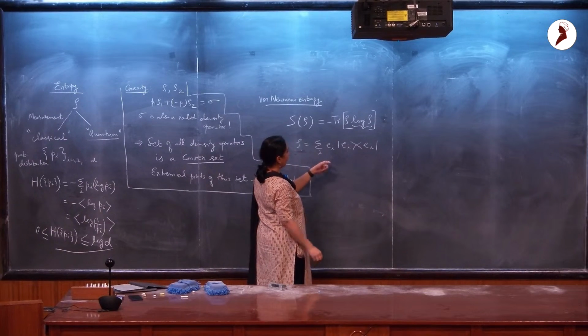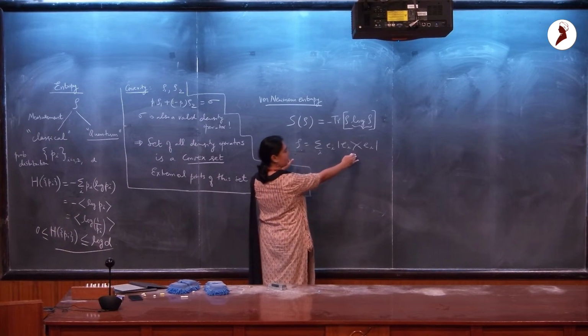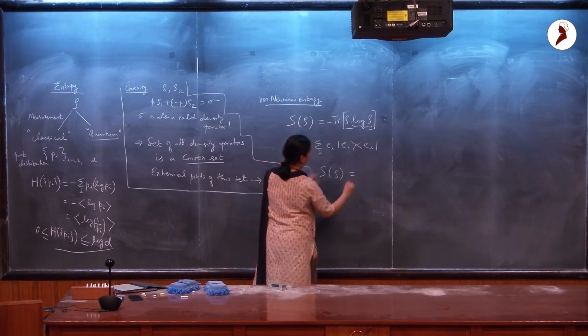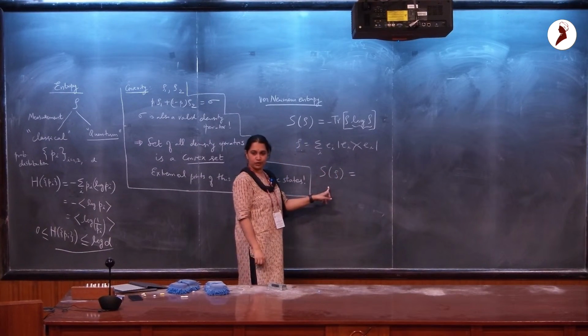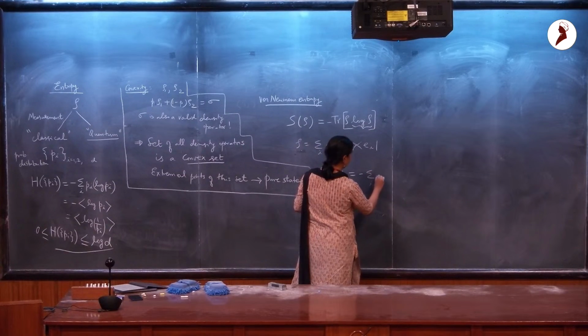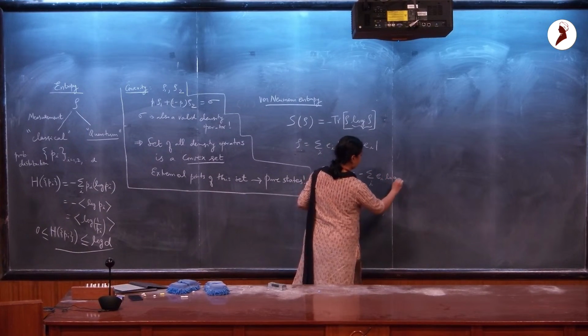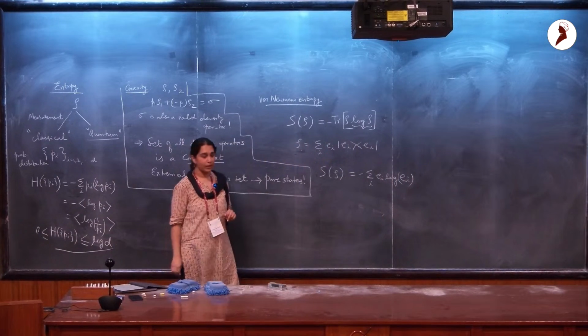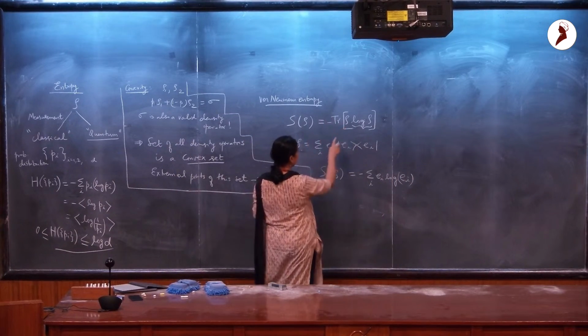So once I have the spectral decomposition, I have a nice form for the von Neumann entropy, which would be what? Exactly. So this would just be minus sum over i, e_i log e_i. And remember, this is a density matrix.